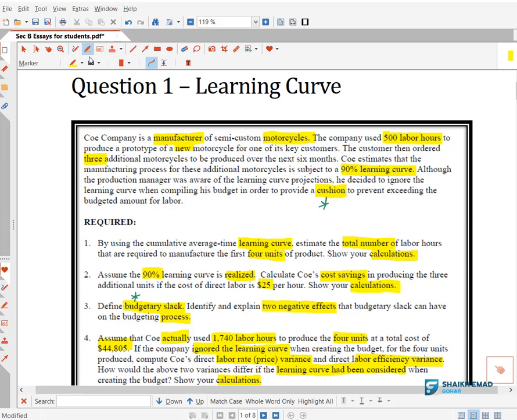So you need budget for this. What is your objective? You need as much as possible, right or not? So you can stay within those limits and easily achieve the budget. So this is called budgetary slack: overstating expenses. What is budgetary slack? Overstating the cost.